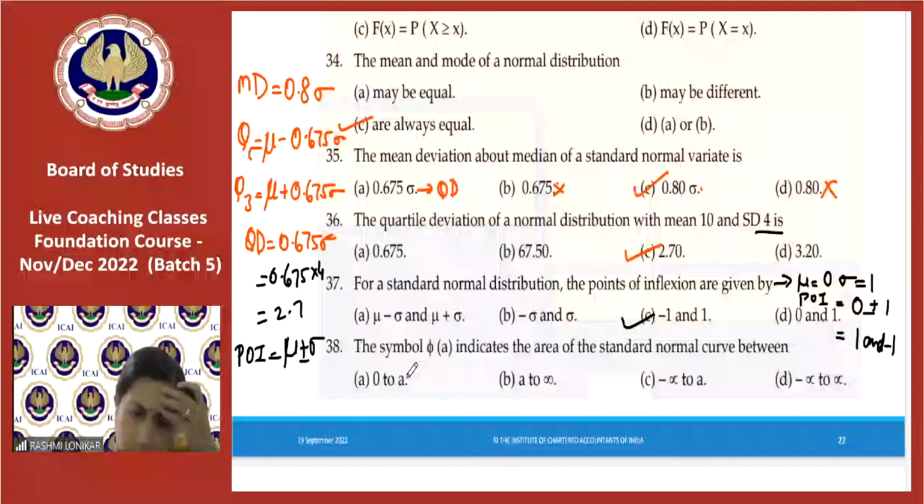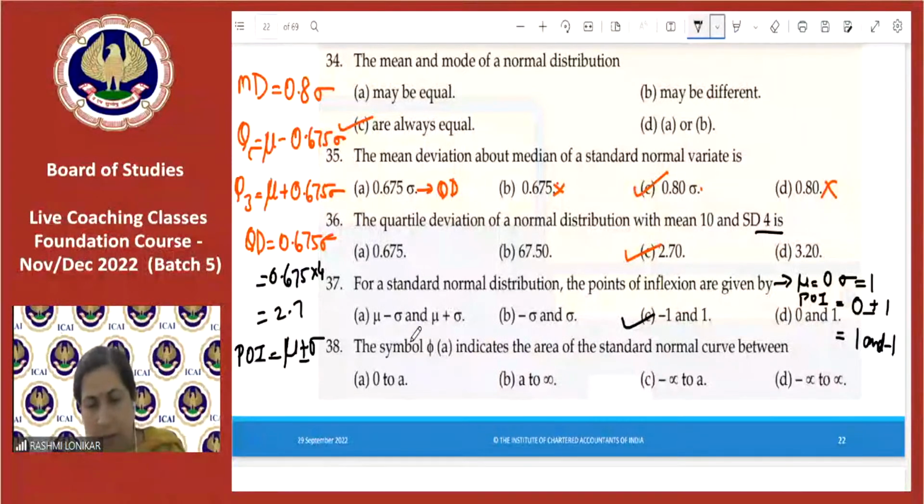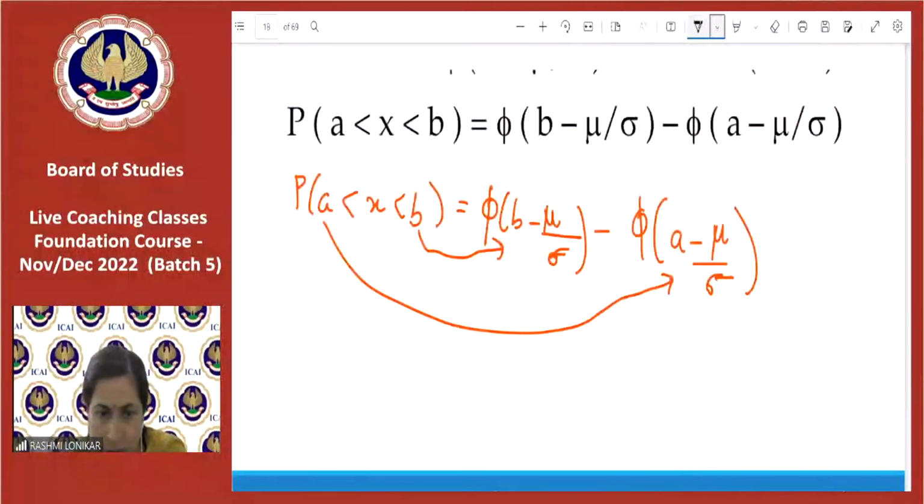The symbol phi a indicates the area of the standard normal curve between 0 to a, or... Yes, 38. Just go back to the points. Let's go back to the points and see. Where did we do the standard normal curve?